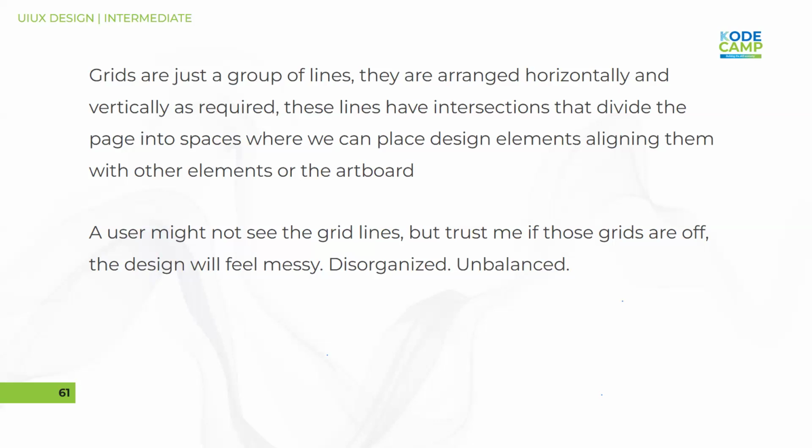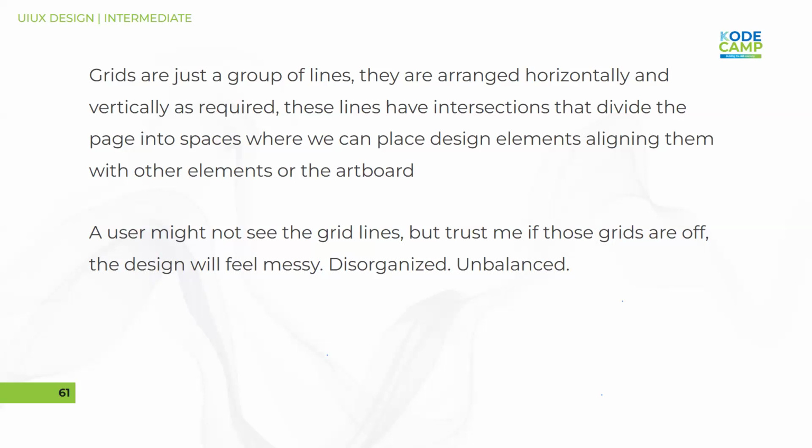Anytime you are using grid, we can say that grid is simply a set of horizontal and vertical lines that help us align elements properly, maintain consistent spacing, organize content clearly, and also scale design across screens.